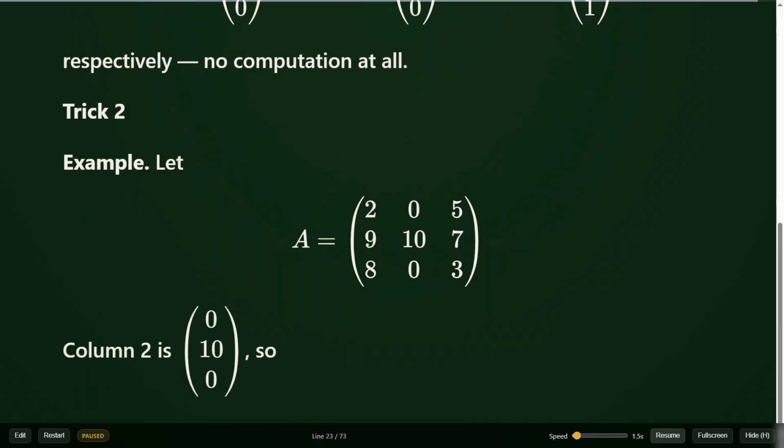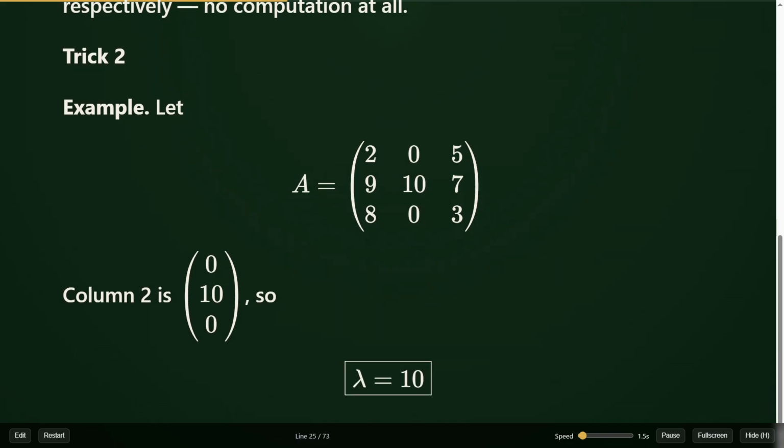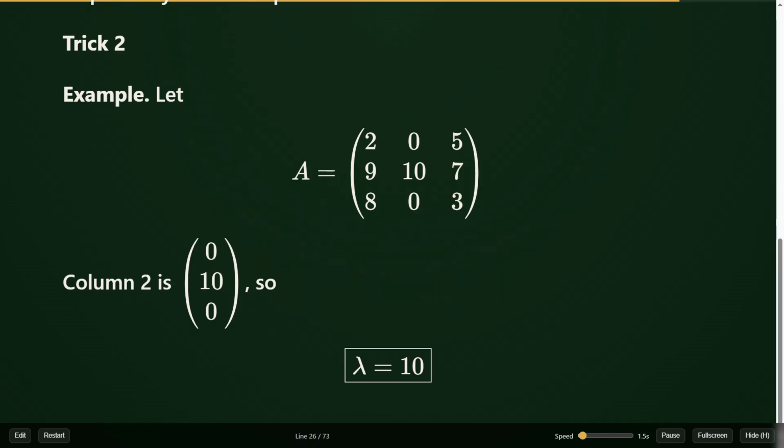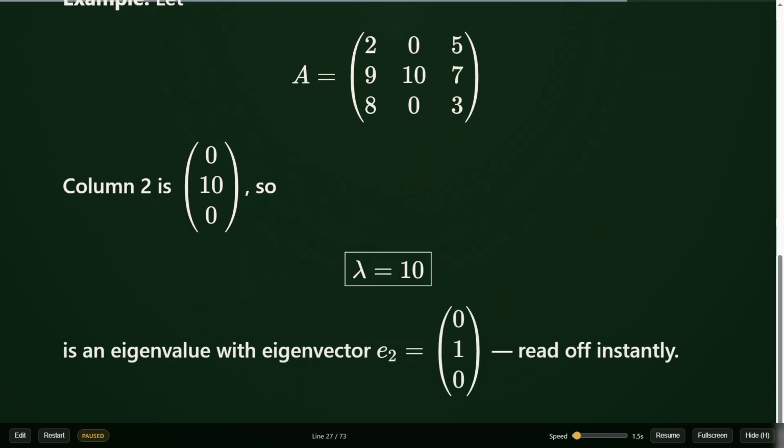Now suppose the matrix is looking like this: 2 0 5, 9 10 7, 8 0 3. Then only in column 2 we have 10 at the correct position: 0 10 0. So the second vector is at the correct position, and therefore the lambda, which is one of the three eigenvalues of this matrix A, is going to be 10, and the corresponding eigenvector is going to be 0 1 0.